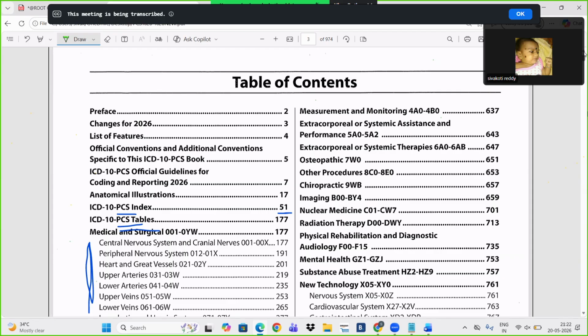So you seen the same page? Yes, sir. So here we need to check index and tables. Have you find index and tables? Yes, sir. See, fatafat reply if you give, I explain.